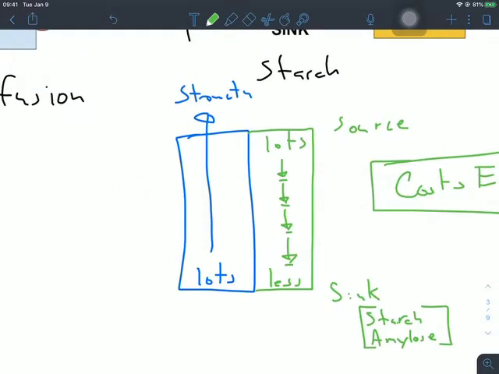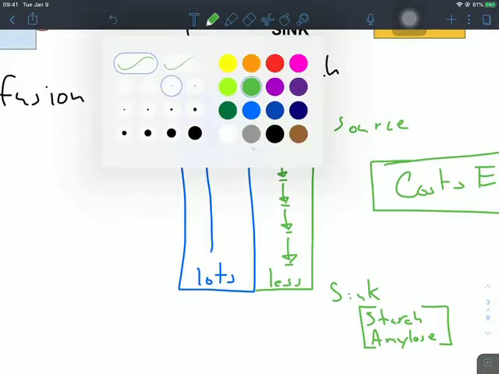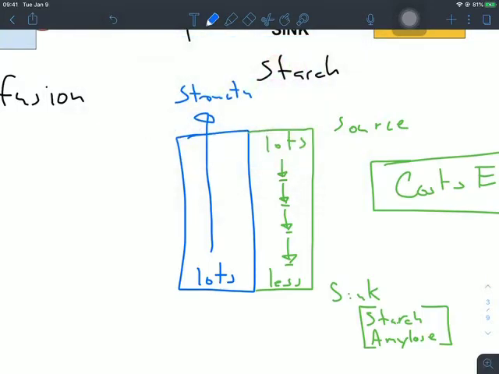Now, at the same time that you've got this lots to less movement in the phloem, it's also driving the movement of water up the xylem, because water is going to move from places where it has high concentrations, like here, to places where there is less water.